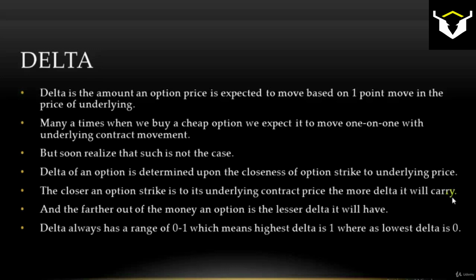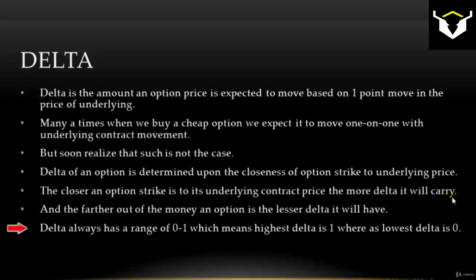And the delta is determined by the closeness of the strike price to the contract value. So if Nifty future is trading at 8,500, the delta of the 8,600 call will be higher than the delta of the 8,700 call. Similarly, the delta of the 8,400 put will be higher than the delta of the 8,300 put.